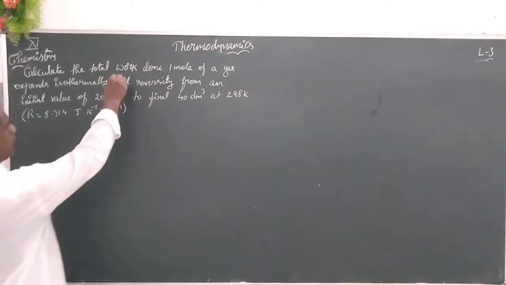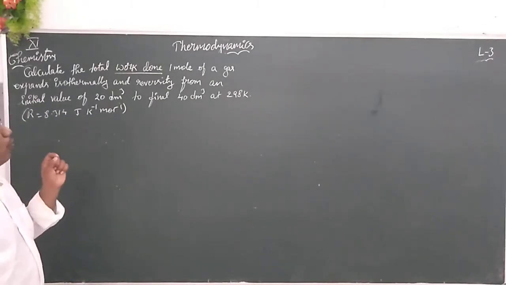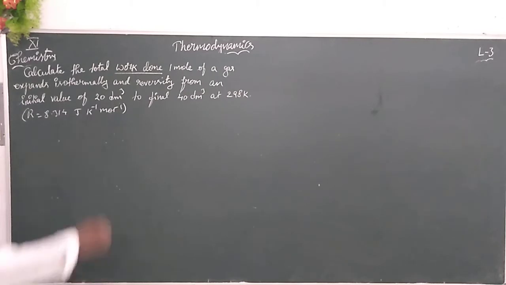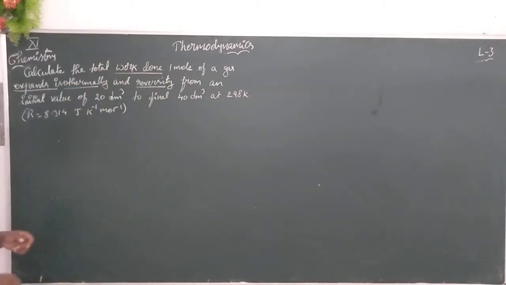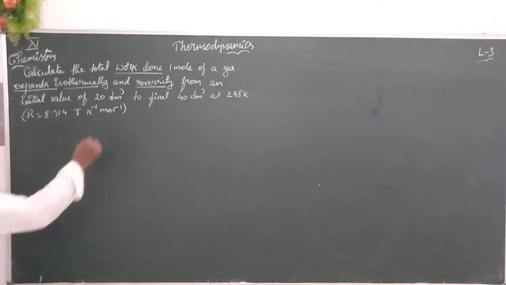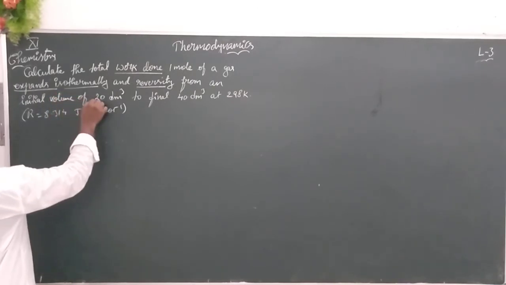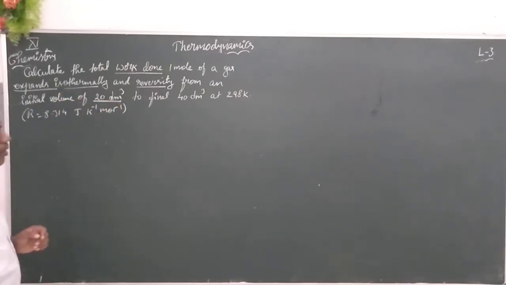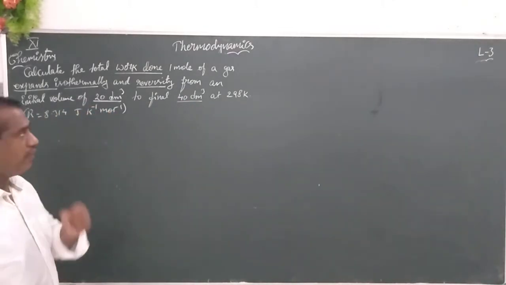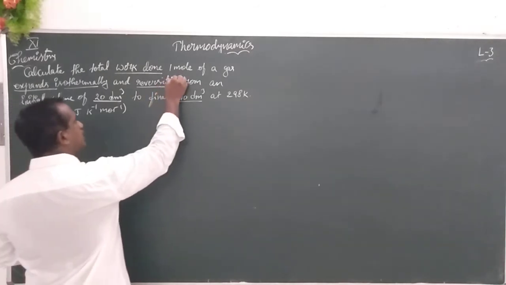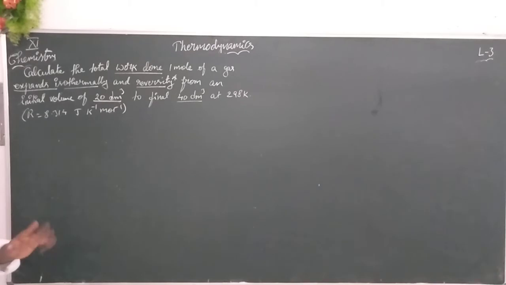Calculate the total work done. 1 mole of a gas expands isothermally and reversibly from an initial volume of 20 decimeter cube to a final volume of 40 decimeter cube at 298 Kelvin. The main thing is, is it a reversible or irreversible expansion? They are saying it is a reversible expansion of the gas.